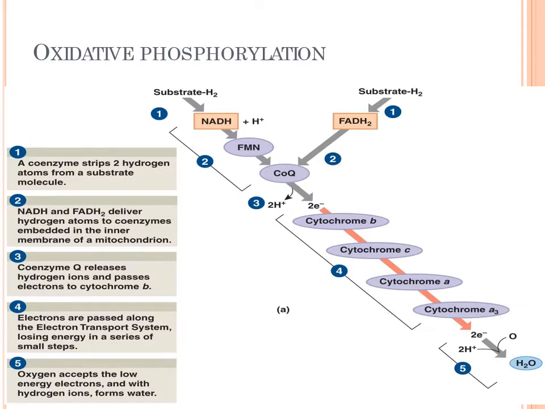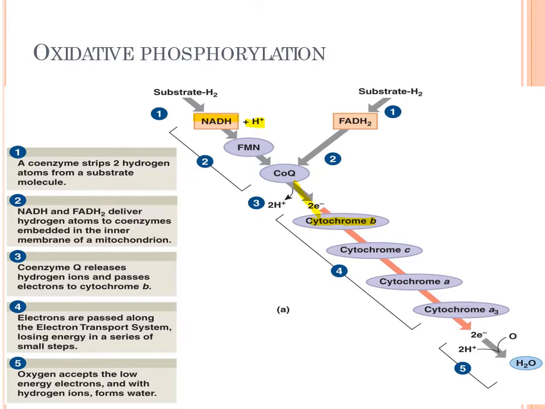This picture is going to show you that NADH has a hydrogen ion, and it's going to give its hydrogen to CoQ, which is then going to send the electron to cytochrome B. So these are our proteins within the chain. This line is the inner membrane of the mitochondria.